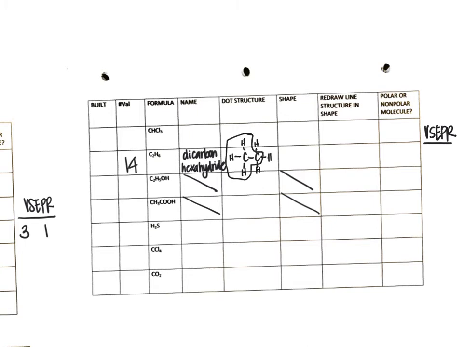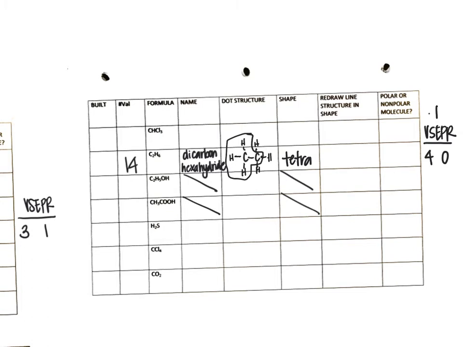I want to see how many atoms are directly attached to that carbon. So I have 4 atoms connected to that carbon, 3 hydrogens and 1 carbon. I then look at that central carbon and see that it has 0 lone pairs on it. So when I look up shape for 4 and 0, this is called tetrahedral.